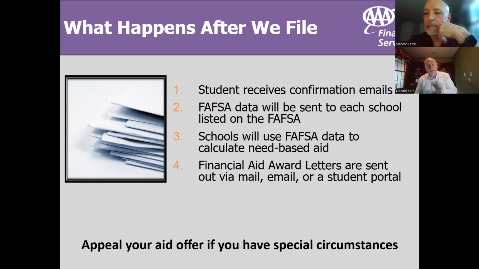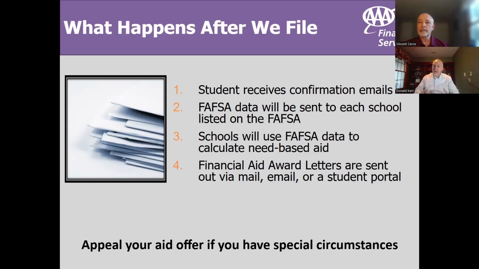So that means the colleges will communicate directly with the student about everything, and they will not communicate with you as a parent. There is a form you can fill out to give the college permission to talk to you, but all of their communications on whatever financial aid, signing up for orientation, it all goes to the student.